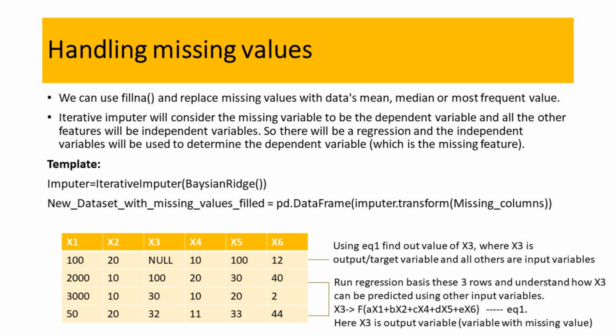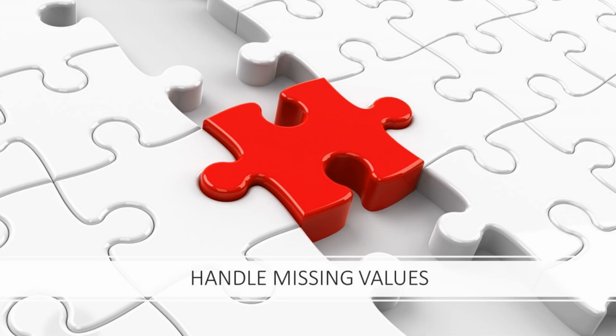Now x3 would be my y output variable, and all the x1, x2, x4, x5, and x6 would be my input variables. Based on this, I will make a regression line, and I will be able to predict this x3 based on past data. If you don't understand, let it be, because you can just Google it and go in depth. I will also mention the link of my article where you can read about it in depth.